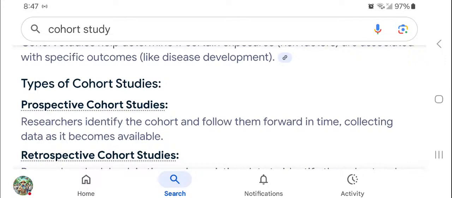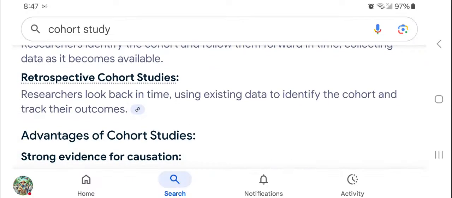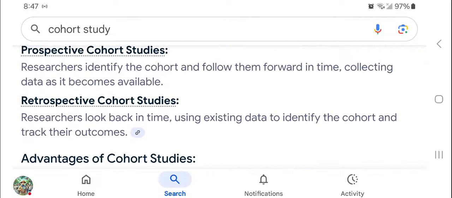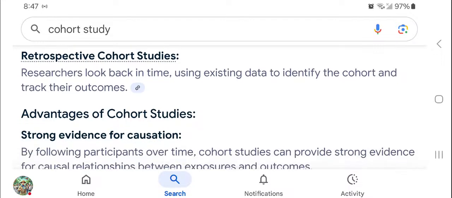So, types of cohort studies. A prospective cohort study is something that will happen, right? Researchers identify the cohort and follow them forward in time, collecting data as it becomes available. Now, retrospective cohort studies: researchers look back in time, something that happened in the past already, using existing data to identify the cohort and track their outcomes.